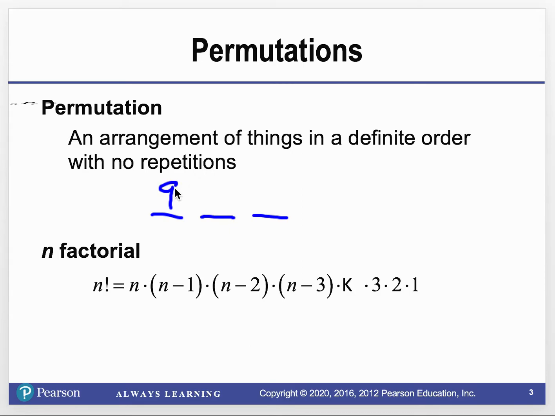But once Caitlin or Laura or Emma or whoever is standing here, there's only 8 choices left, and then there's only 7 that could get in that 3rd spot. On one like this that doesn't go all the way to 1, I can't use my factorial button. So I'm just going to have to type in 9 times 8 times 7 in my calculator, and see that that's 504 different lines that are 3 people long instead of all 9 people long.